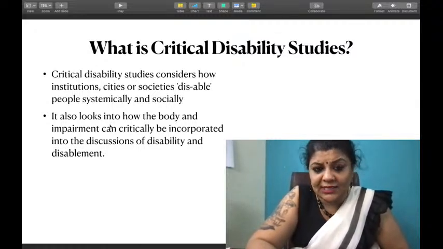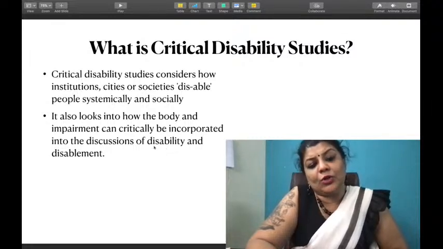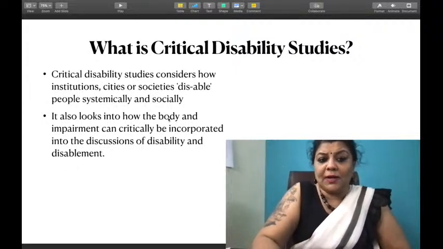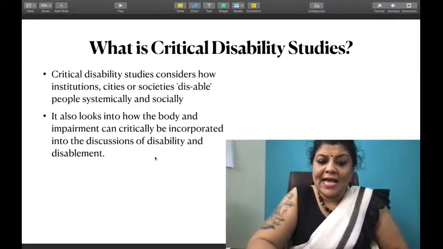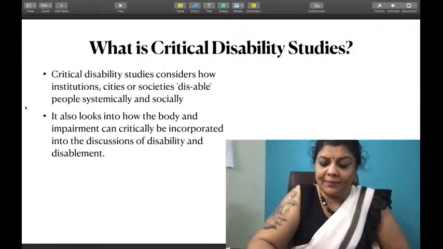It is a larger concept. It looks into how the body and impairment can critically be incorporated into discussions of disability and disablement. In the context of disability, how can you talk about the body and impairment as well as social angles of it? This is a very burgeoning area as well.